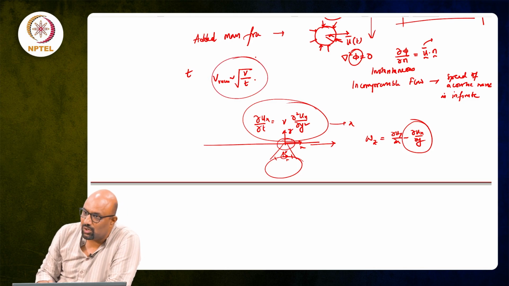In Stokes flow, that propagation happens instantaneously, but when you do unsteady Stokes flow, the vorticity diffusion is happening at a certain finite pace.